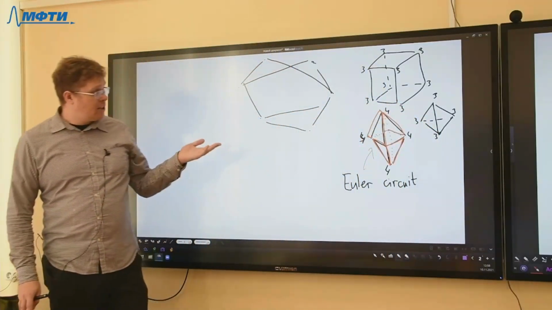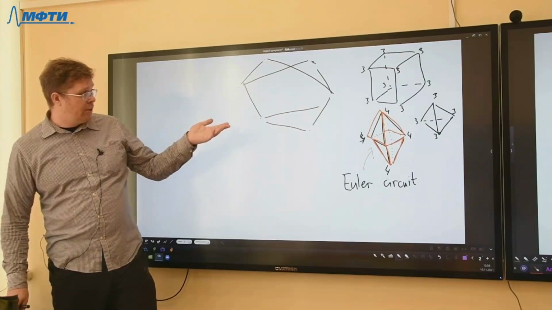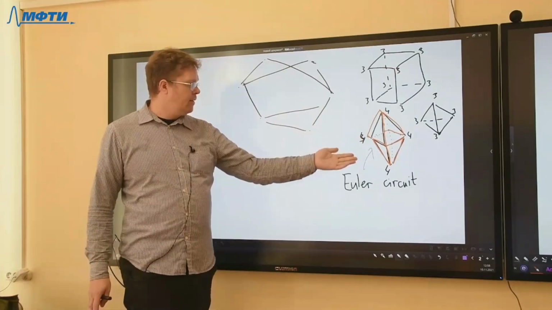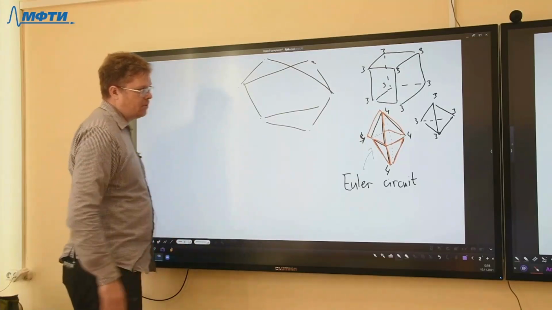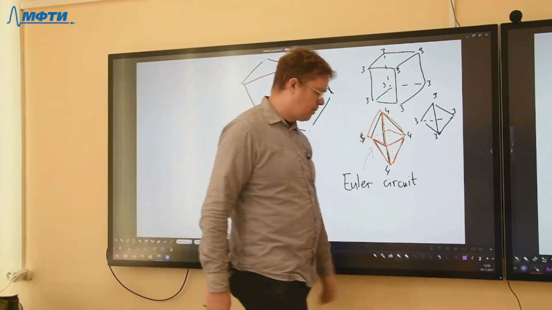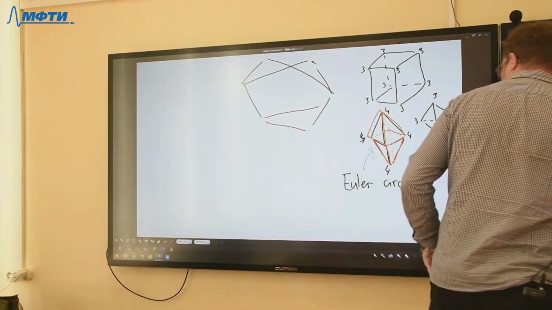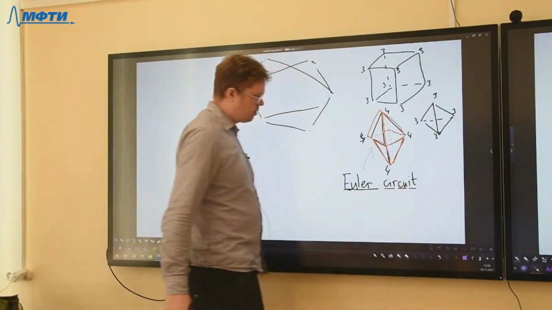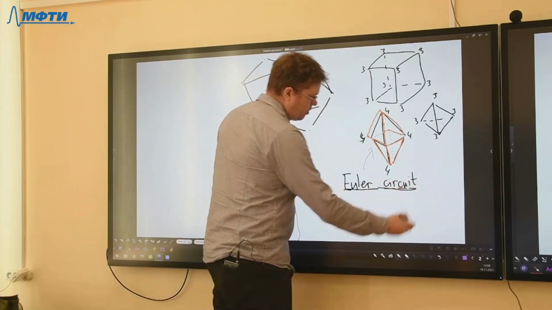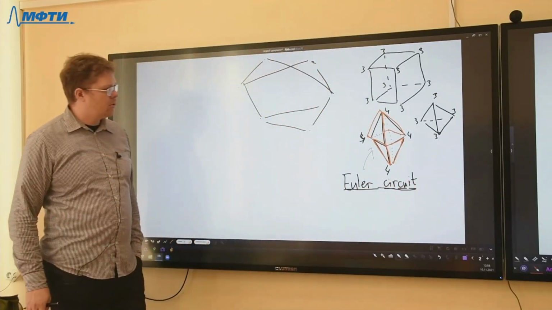So I just try to do as long a circuit as I can, and suddenly I can achieve the Euler circuit. For example, for the octahedron, we can provide an Euler trail or Euler circuit. So just closed trails.